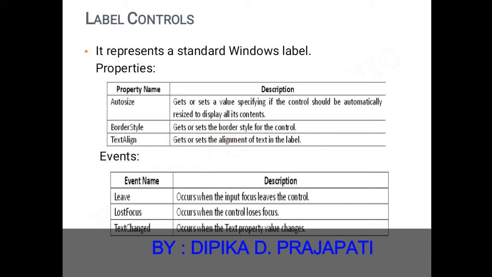Then the event names: Leave, LostFocus and TextChanged are events of the label control. The Leave event occurs when the input focus leaves the control. LostFocus occurs when the control loses focus, and TextChanged occurs when the Text property value changes.